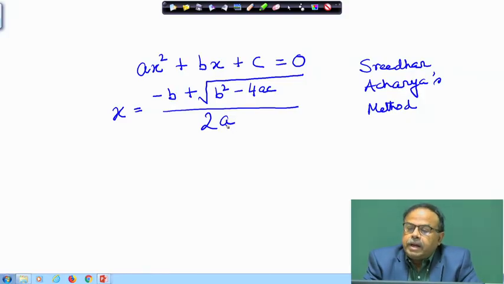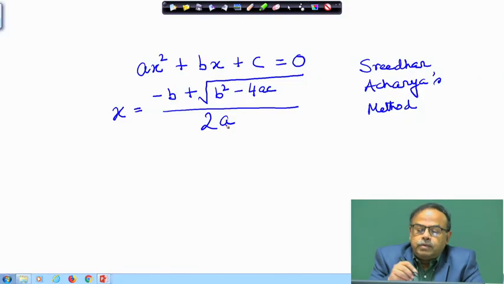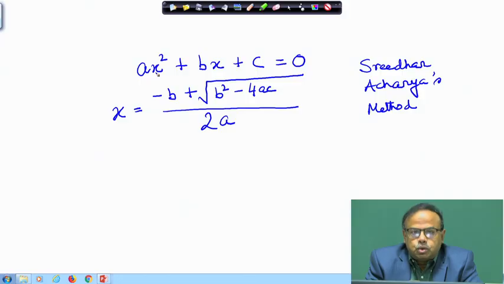By this we can find the roots, and since it is a quadratic equation, there will be 2 roots.